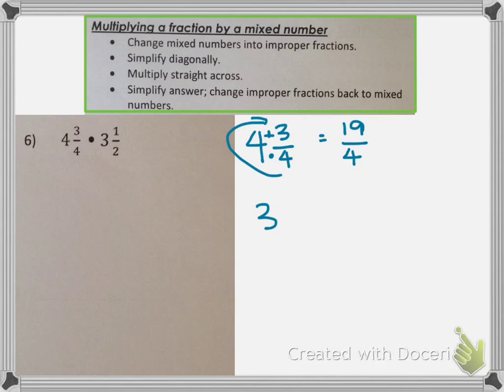Then we need to do 3 1/2. Same process. 2 times 3 is 6, plus 1 is 7, so 3 1/2 is the same thing as 7/2. So now we can say, okay, 19/4 times 7/2.